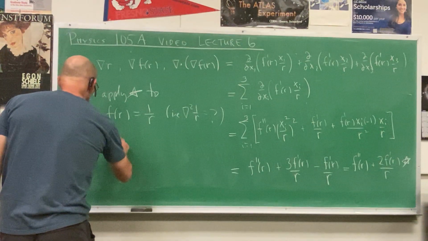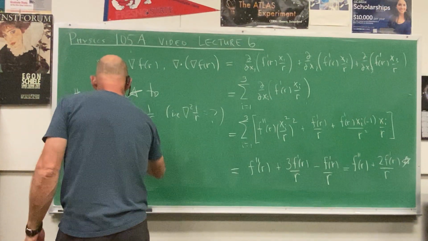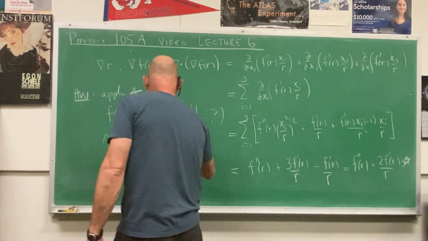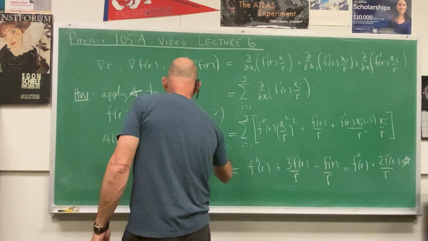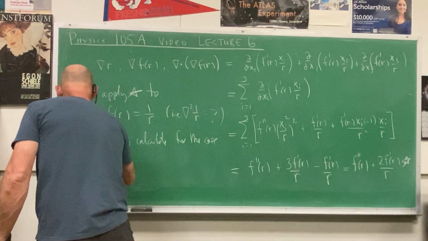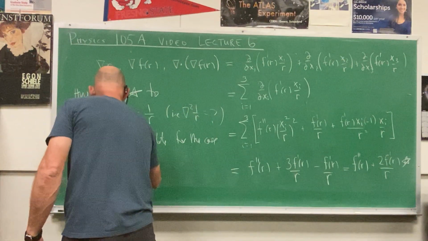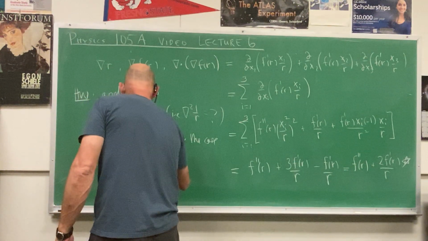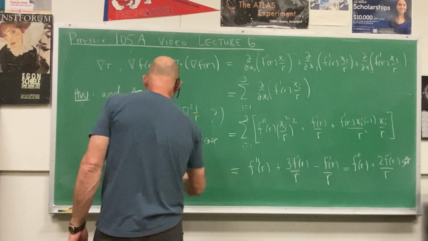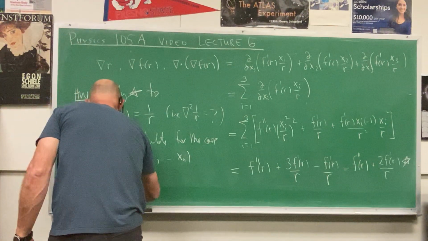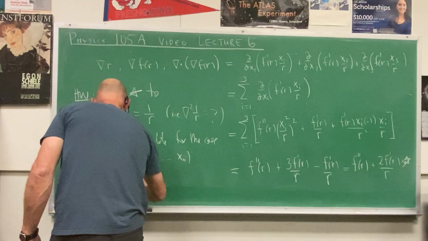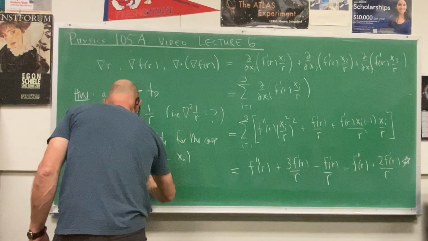Also, calculate for the case that x is equal to x1 all the way to xn, and you know, x squared equals x dotted into itself.